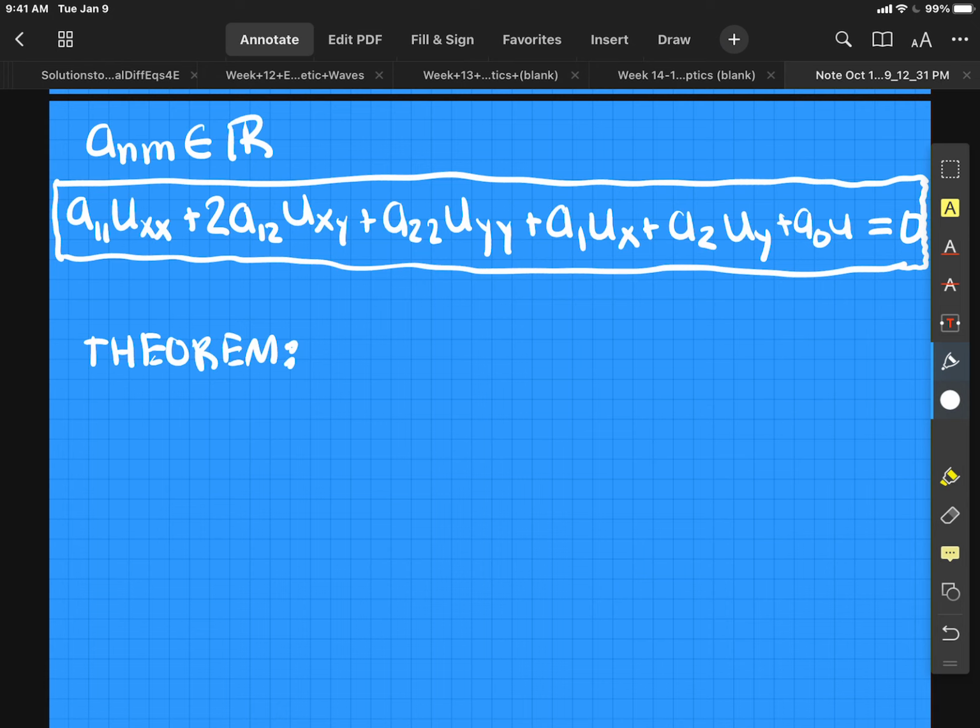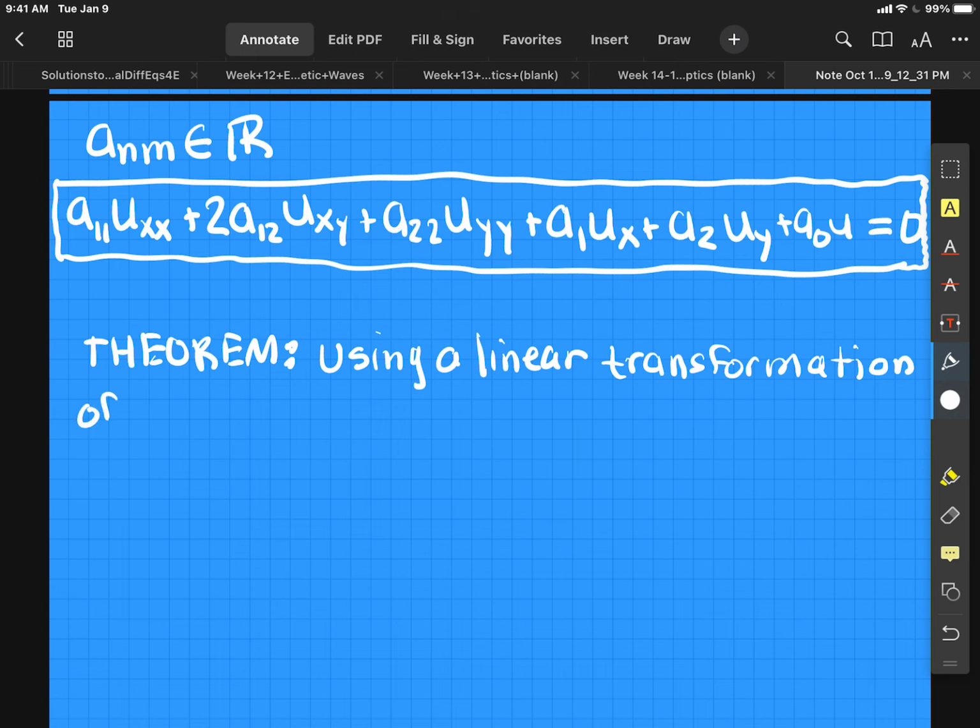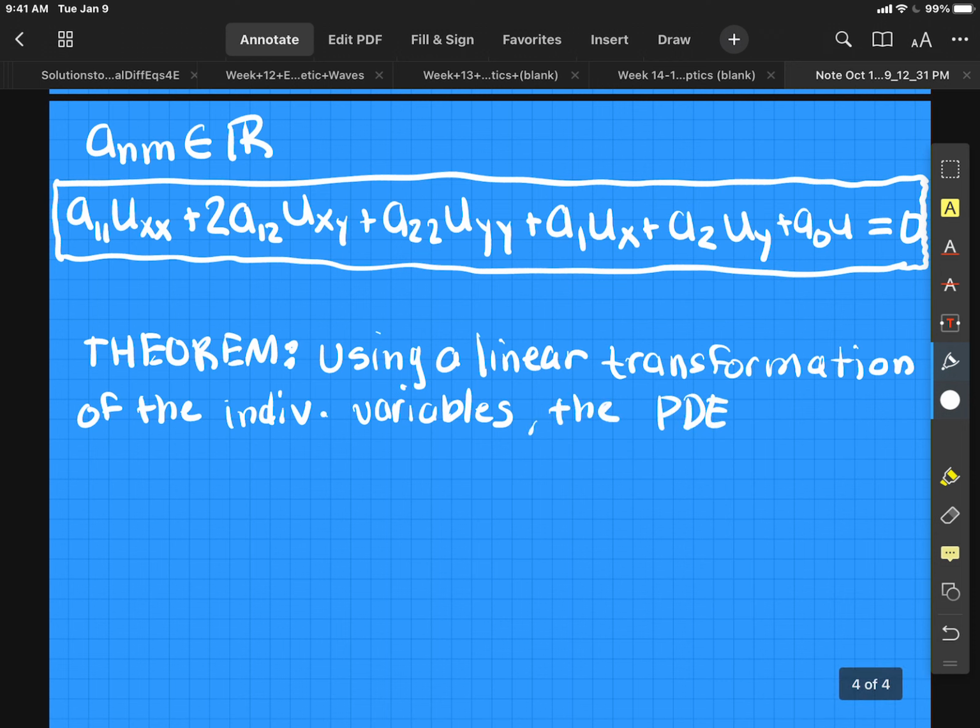So if we recall from our linear operations, our theorem is going to be using a linear transformation of the individual variables; the PDE can be reduced to one of the following cases.